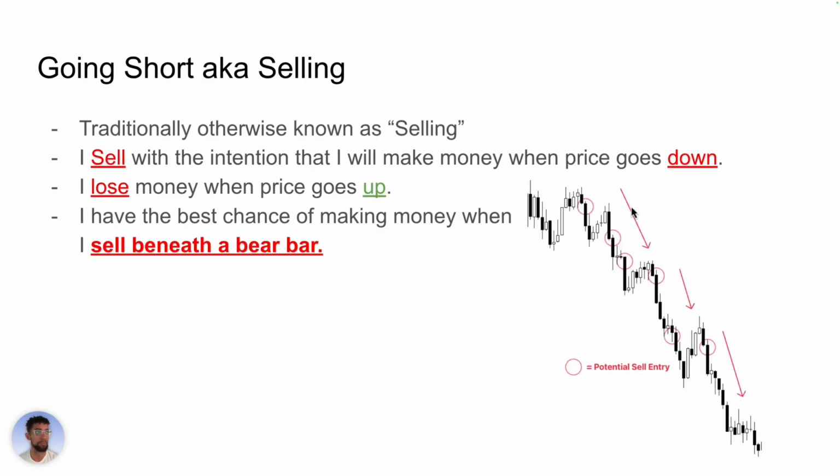For this example, shorting wise, you sell underneath the bear bar and if you sell underneath that bear bar, you have a better chance of making money to the downside. Just remember that. Like I said, we're going to go into so many opportunities and so many situations in actual charts. This is just the basics, just to understand the fundamentals.